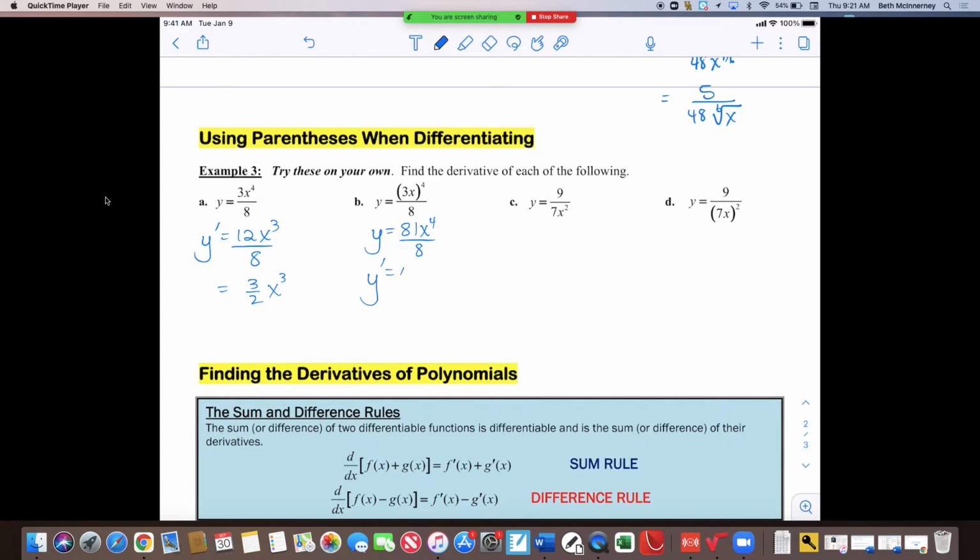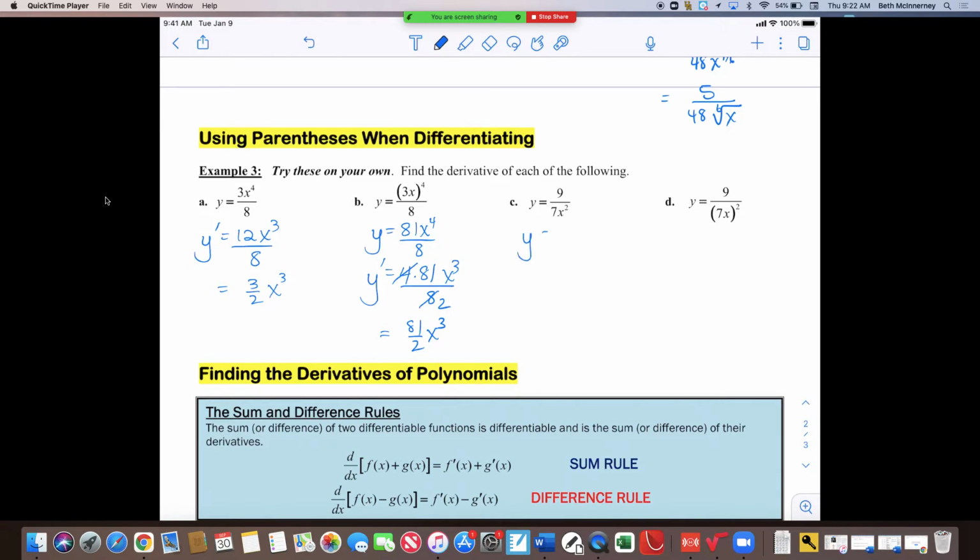Now, when I bring down that power, it might be a little bit easier to just leave it like that, and you get 81x cubed over 2, however you want to write that is fine. So again, the power rule does not apply to this original function because that's a 3x. It has to be x alone. So that's a distinction there.